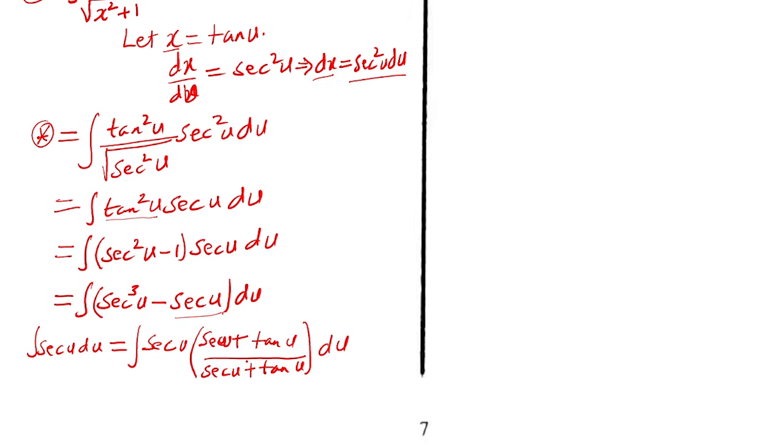Then use integration by substitution. Finally, you'll get, and you have to remember this always, ln of the absolute value of sec u plus tan u. That's the integral of sec u. Now let's come to the integral of sec cubed u.